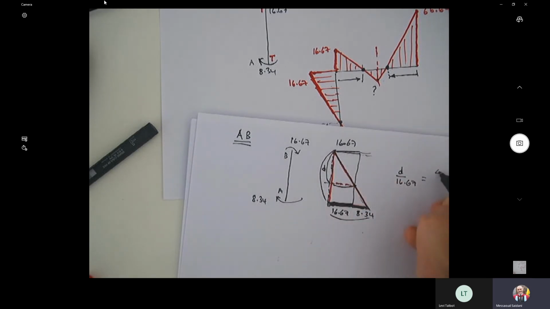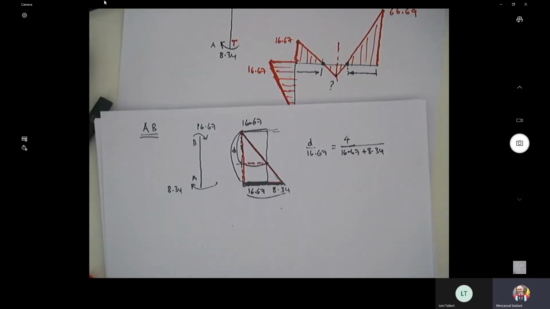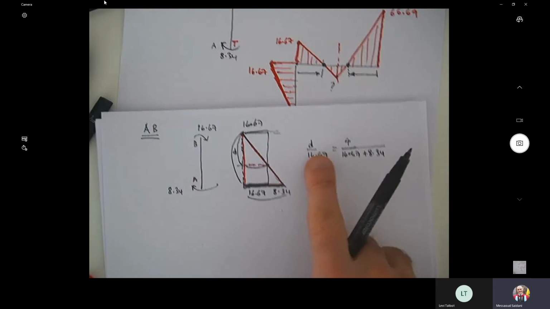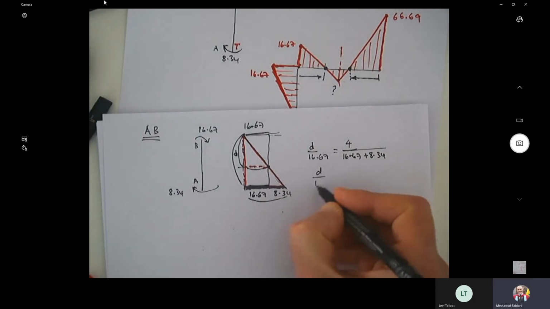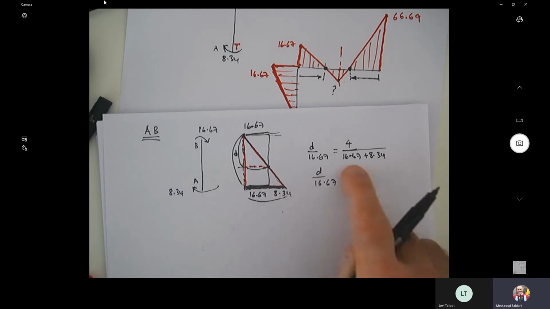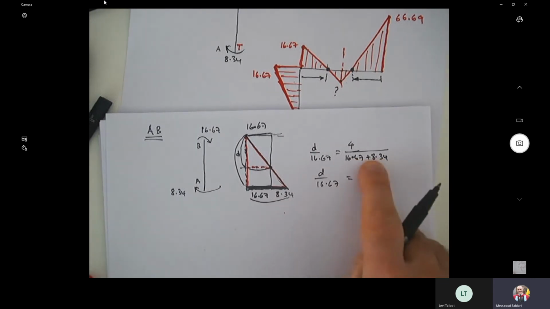Exactly, so we know it's 4 meters divided by. Do you agree? Yes. Now I can derive D from here. Can you do for me 4 divided by 16.67 plus 8.34?